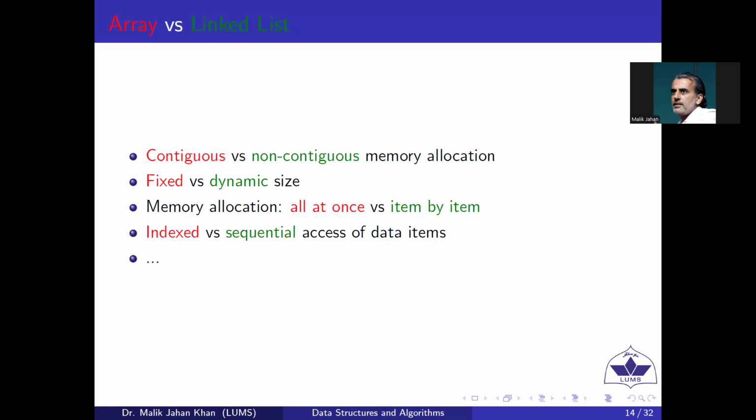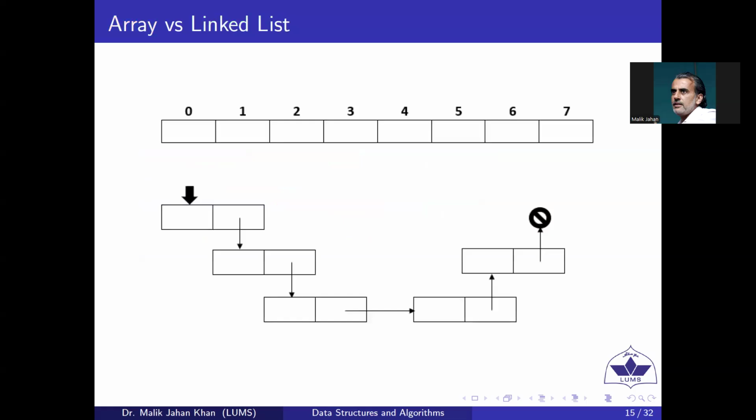We know from our array background that an array is an indexed data structure, which means that indexing starts from 0. The first element is located at index 0, then 1, 2, 3, up to size minus 1. But in a linked list, there is no indexing mechanism, and we need an alternate way of accessing things. That's what we'll see in a while. If you look at the figure on top, that's an array, right? It has 8 elements.